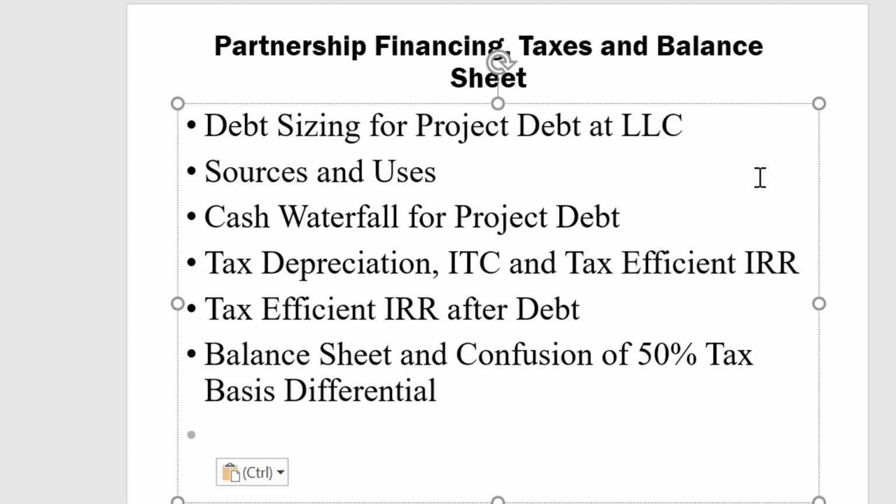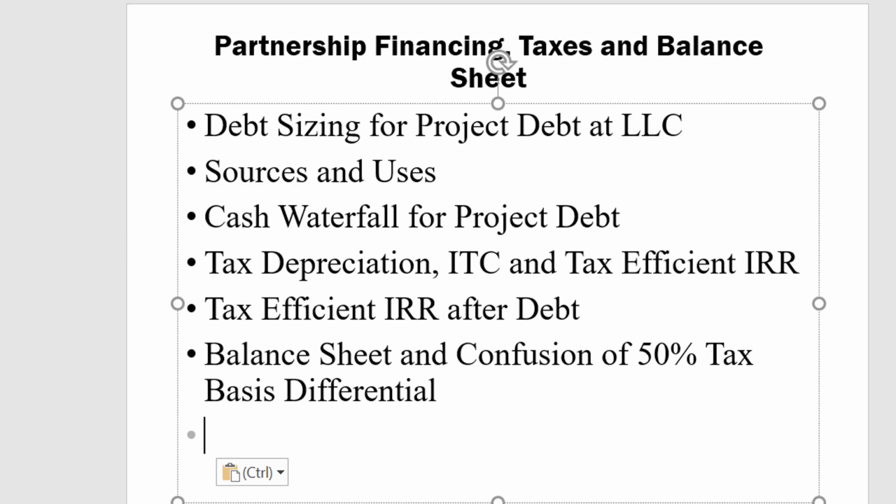And we'll compute IRR, assuming that all of the ITC and all of the tax depreciation and everything else can really get used. That's the IRR that will afterwards be split between the tax investor and the sponsor or developer. I don't know which, I forgot. I'm supposed to call it sponsor.